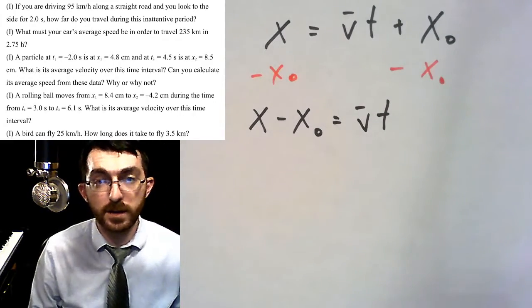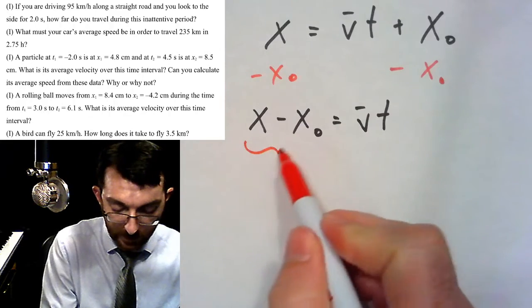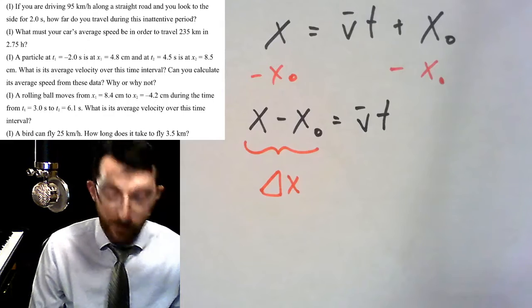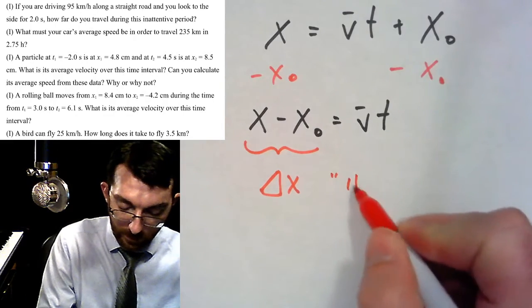Subtract x sub 0 from both sides. This thing right there was the delta x.